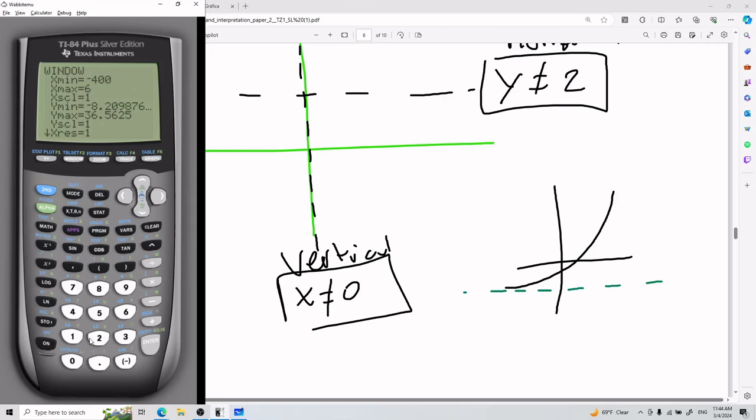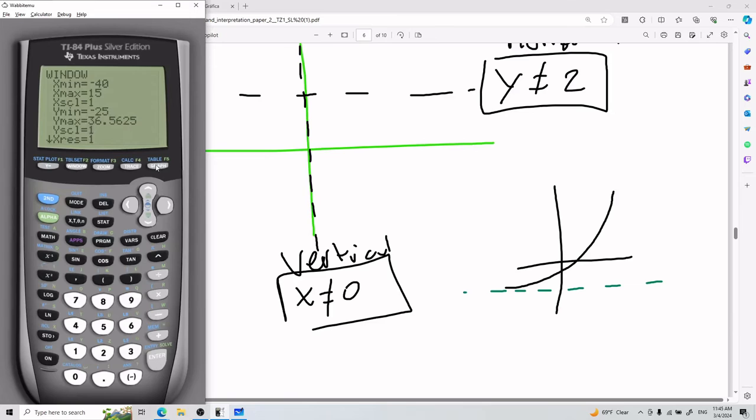Or actually, 50, just so that it looks a little bit prettier. Okay, clearly I zoomed out too much. Gotta take a chill pill sometimes. Let's put negative 40, max 15, and a bigger y minimum. So y, I don't know, negative 25. Yeah, graph.